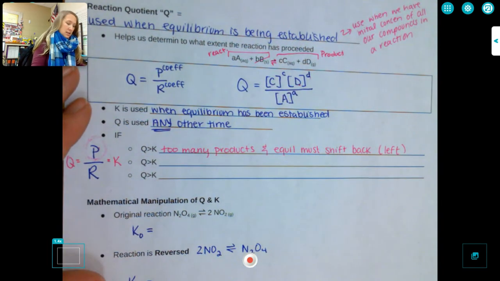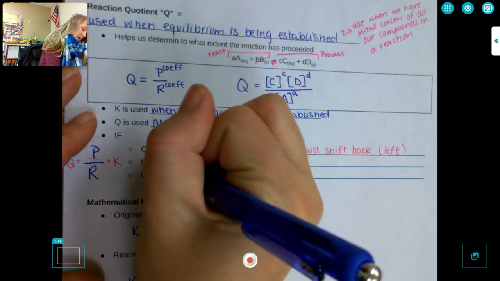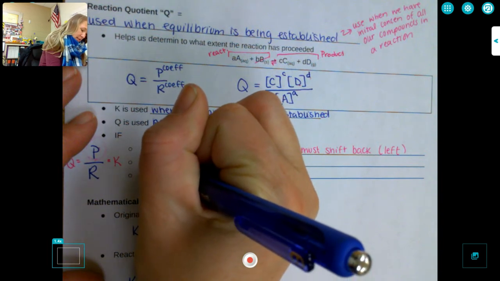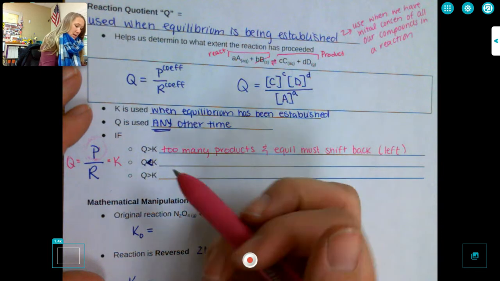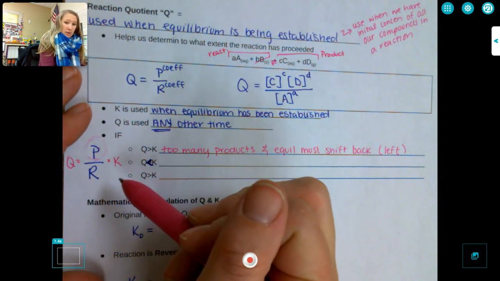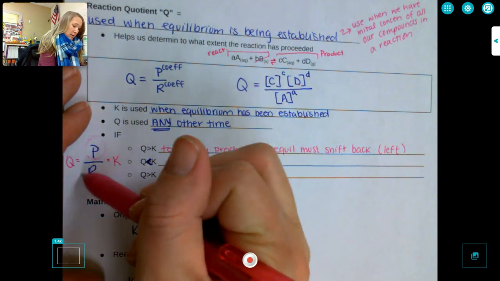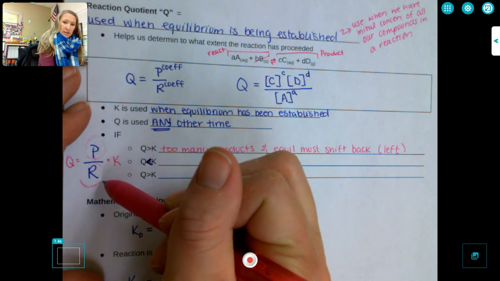Oh, there's a couple typos here. We'll fix this. If Q is less than K, that means that Q is a small number. And if Q is a small number, that means that the reactants must be really big.